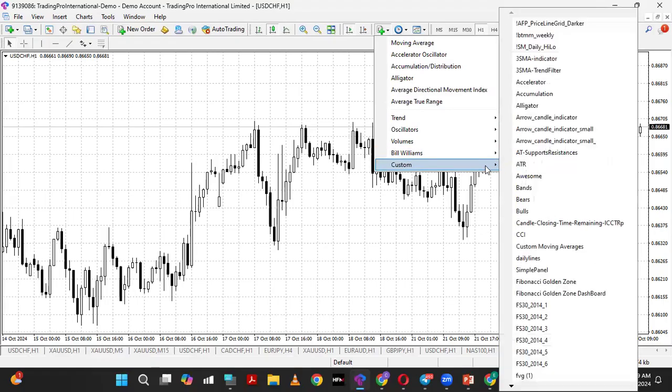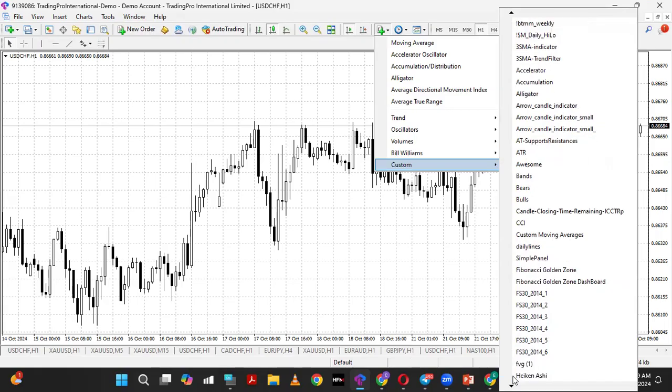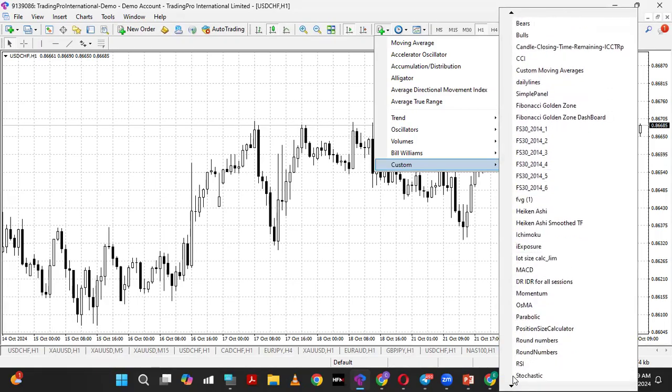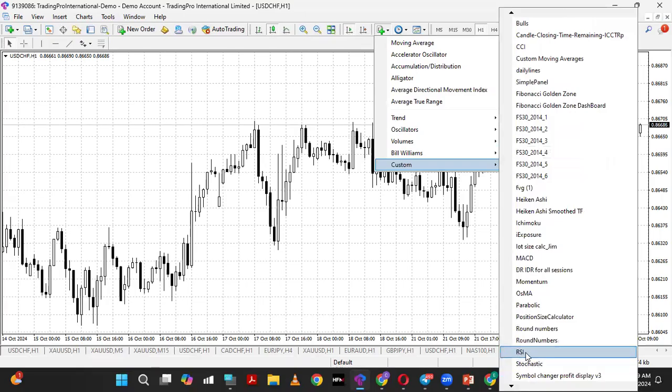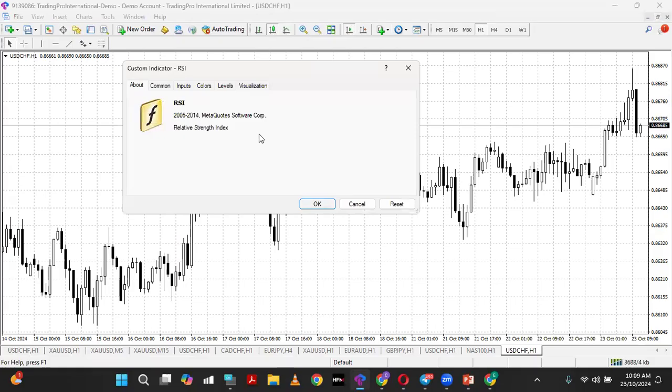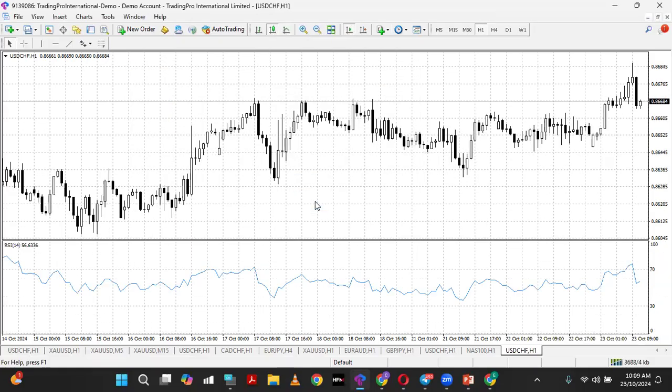Then this will show up, and you start looking for the custom indicator. You must have the name. Let's say I want to add RSI. So let me go down. I start scrolling down till I find RSI. Is it here? Also known as relative strength index. If I tap on it, this will pop up. I click OK. The RSI has appeared here.